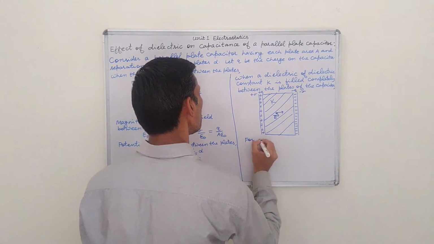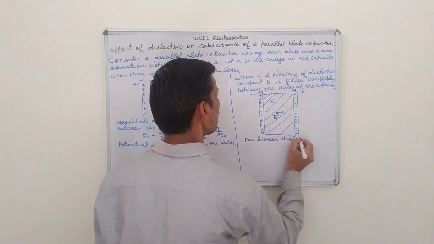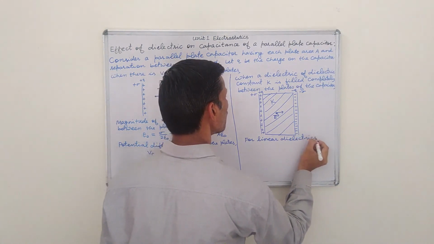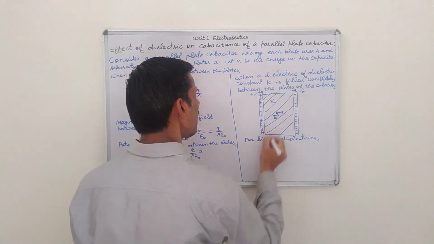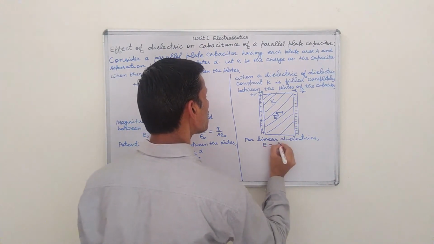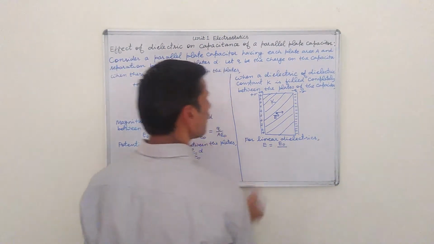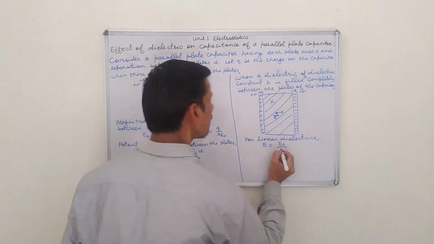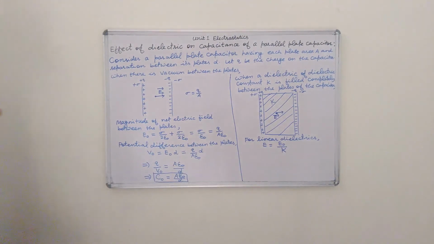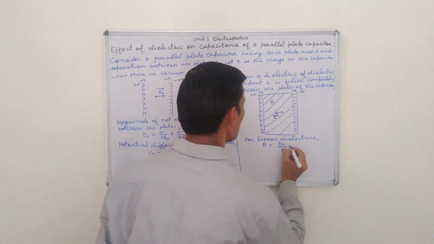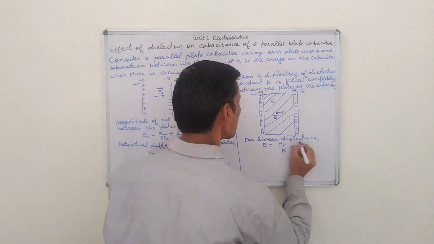For linear dielectrics, net electric field magnitude it is external electric field magnitude divided by a constant called dielectric constant of the dielectric. And you have seen E naught, it is Q upon A epsilon naught.